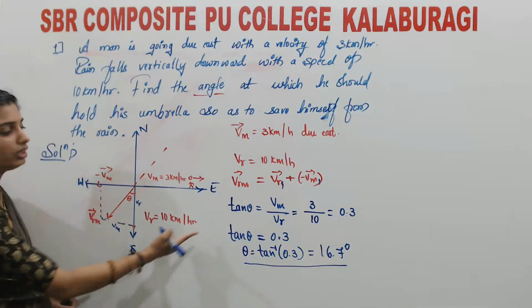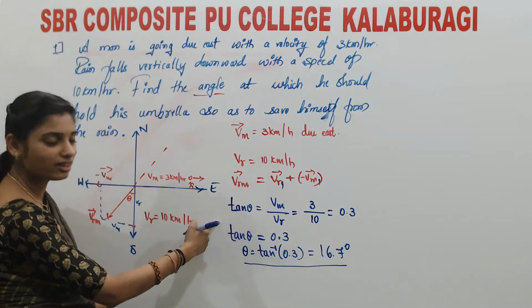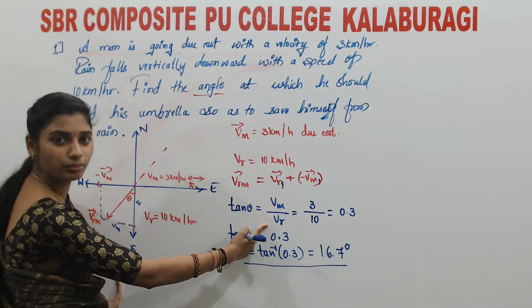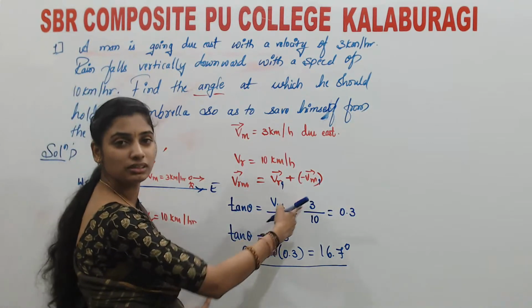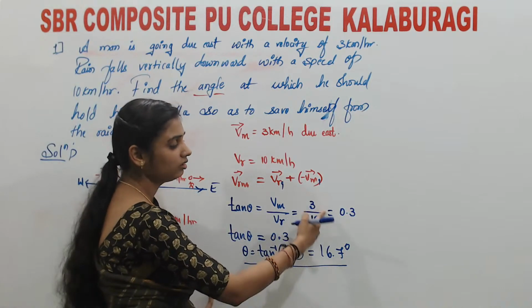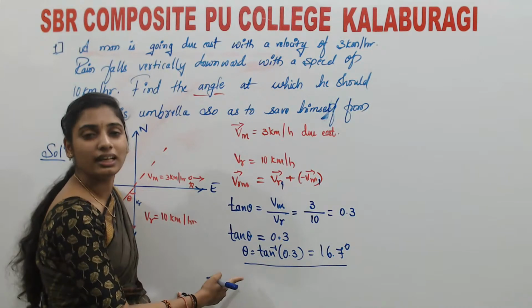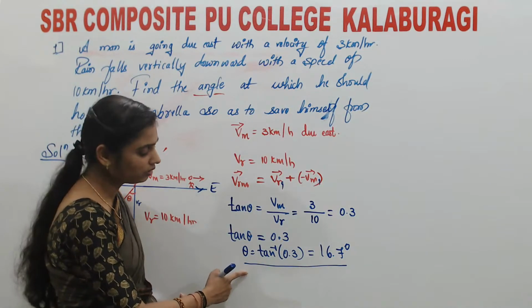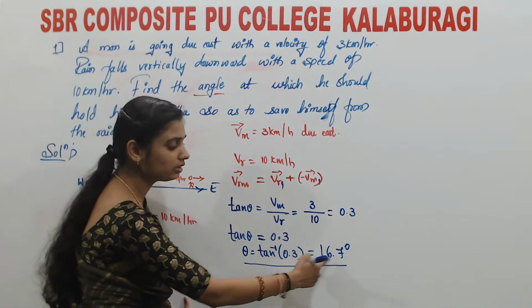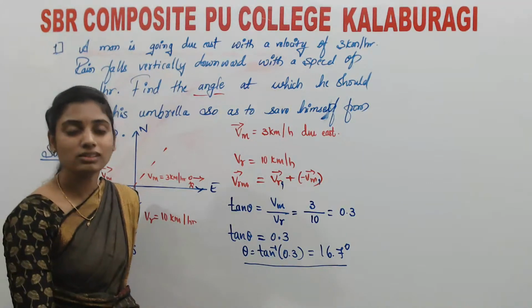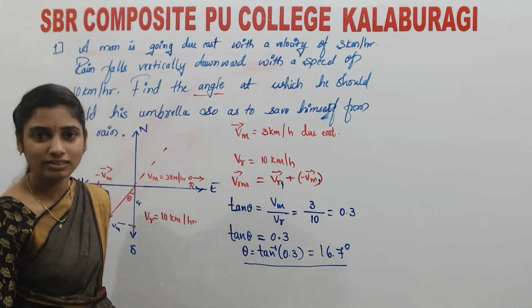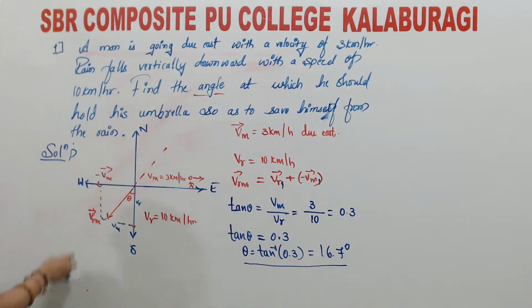So here we got tan theta. We know that tan theta formula is Vm divided by Vr. Vm is 3, Vr we have got 10. 3 by 10 is 0.3. Tan theta is 0.3. Take out your log table and check the answer for this. You should get 16.7 degree as the answer.